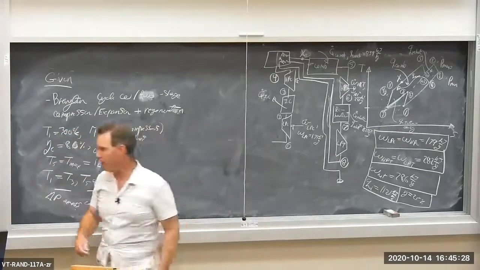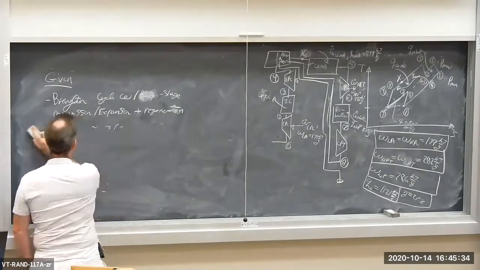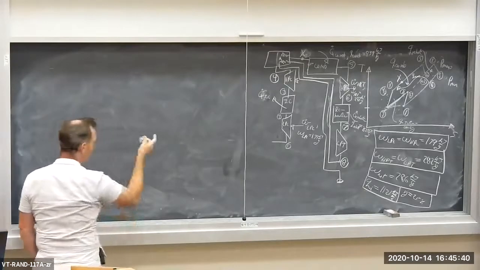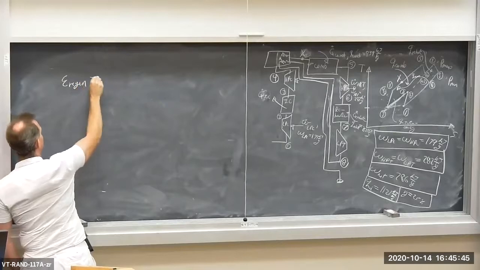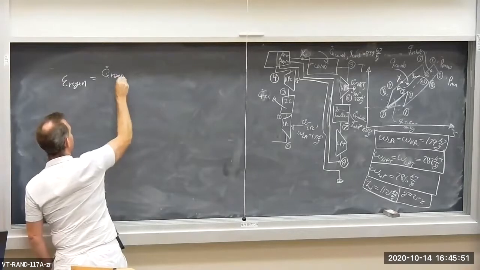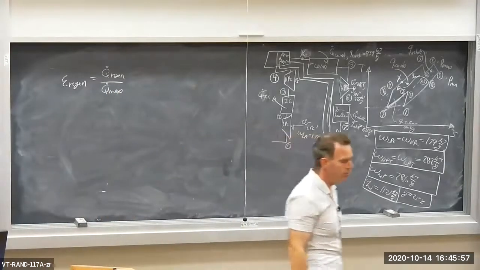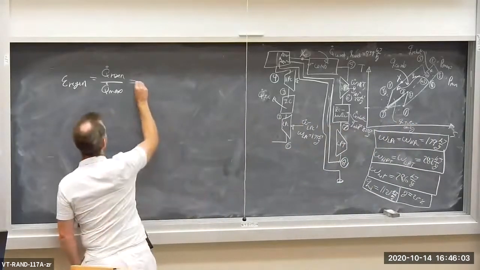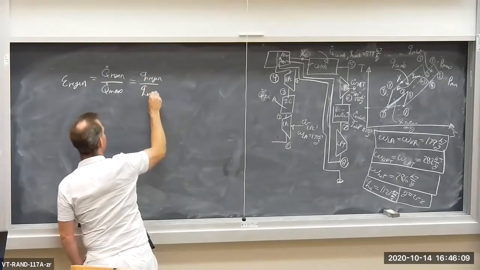Now, the effectiveness here. Let's write down the equation for the effectiveness. Let's apply the regenerator effectiveness to this problem. So effectiveness of the regenerator, and that's 75% by the way, is equal to Q dot regen over Q dot max. If I divide this by m dot, I get lowercase q regen divided by q max.